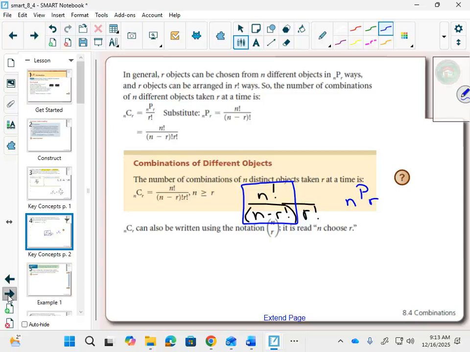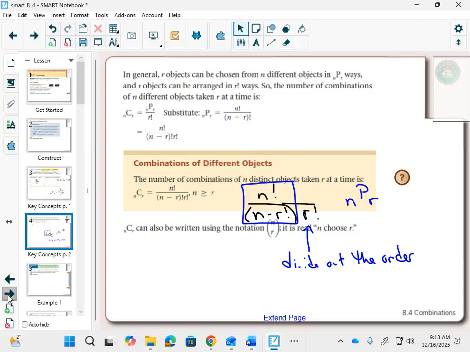The only thing new with the combinations formula is this part, which divides out the order. Now we hardly use the permutations formula because the spaces were so easy to think about and easy to use. We will use the combinations formula a ton.